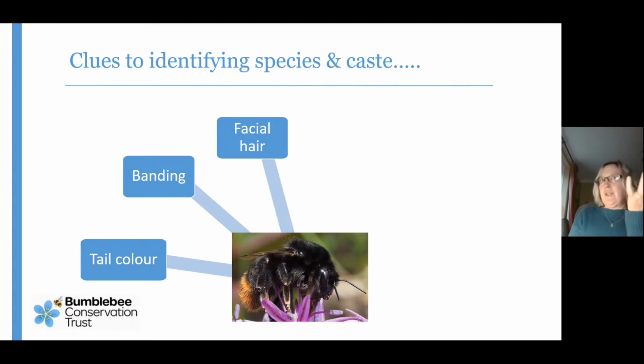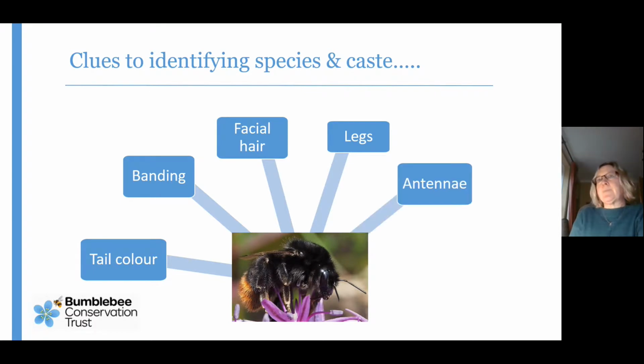The colour of the facial hair, which I've already mentioned, in some of the males you get the bright yellow, so that helps us to narrow down whether it's male or female. The shape of the legs, so do the bees have pollen baskets or not? Again, helping us whether it's male or female, and that also can help when we're identifying cuckoo bees.